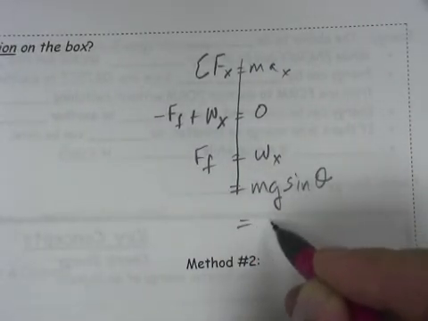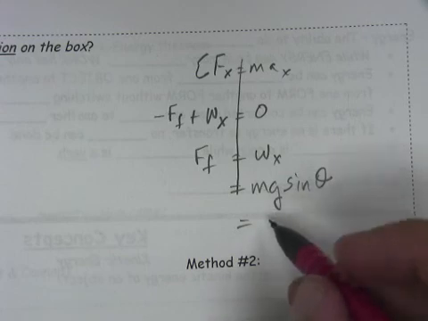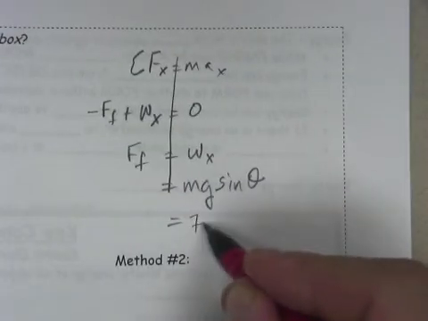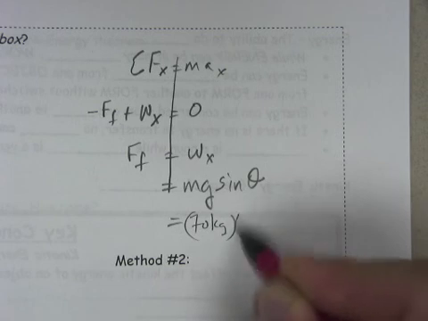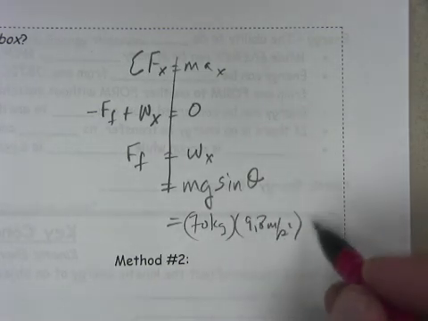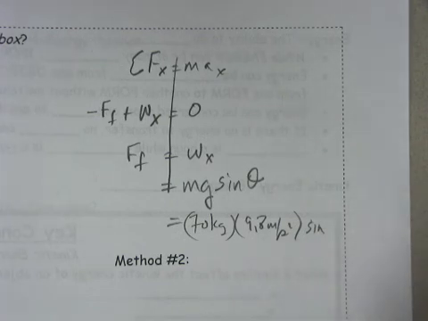So mg sine theta. And the mass, did they give us mass or not? Let's see what they gave us here. Yeah, they gave us 70 kilograms right there. So we're going to say 70 kilograms times 9.8 meters per second squared, times sine of, now we've got to figure out the angle.